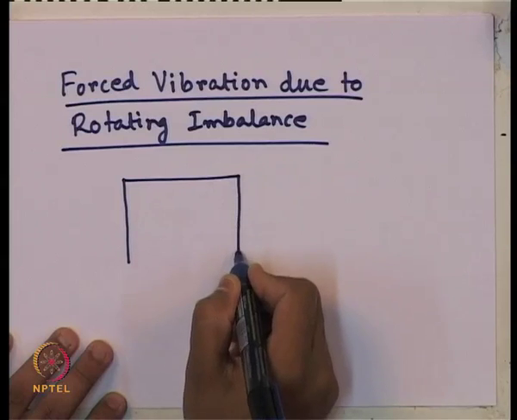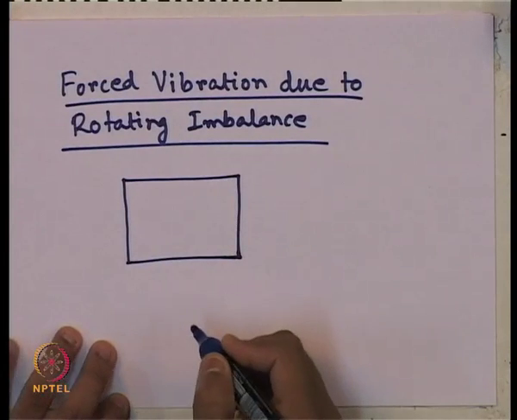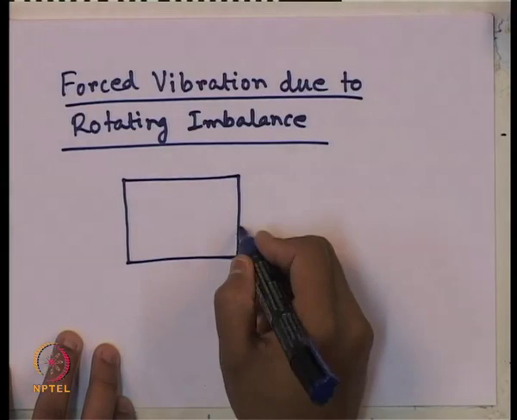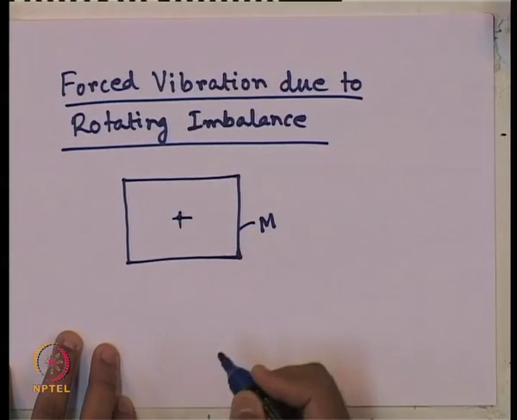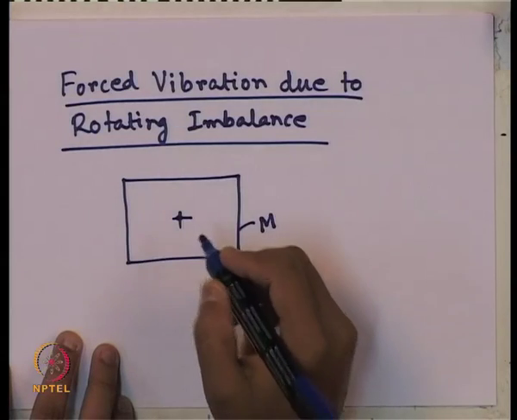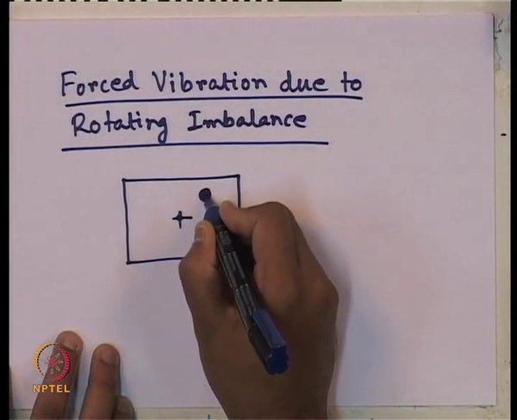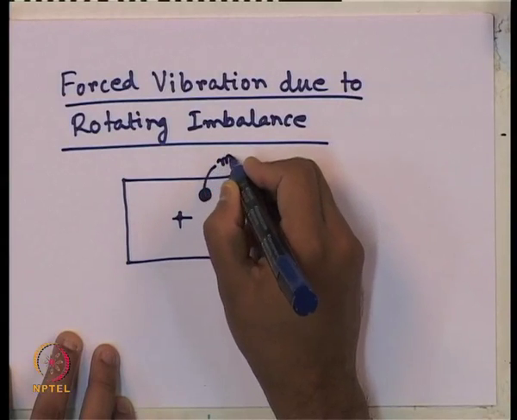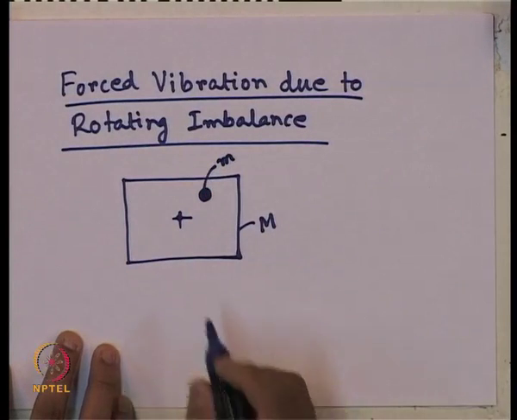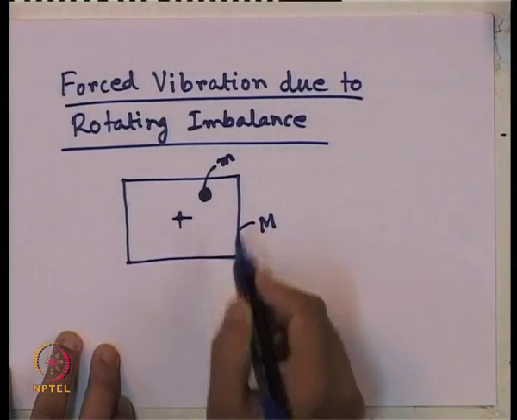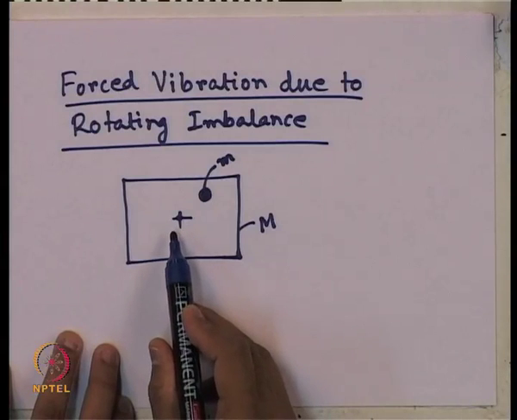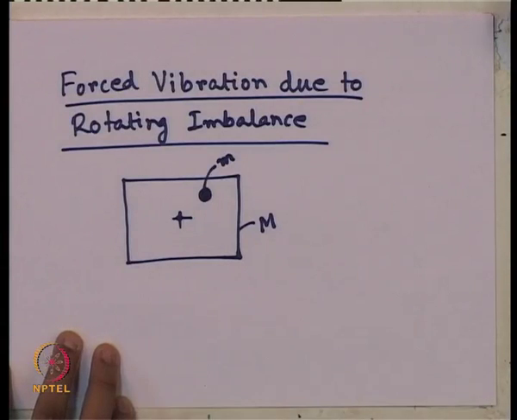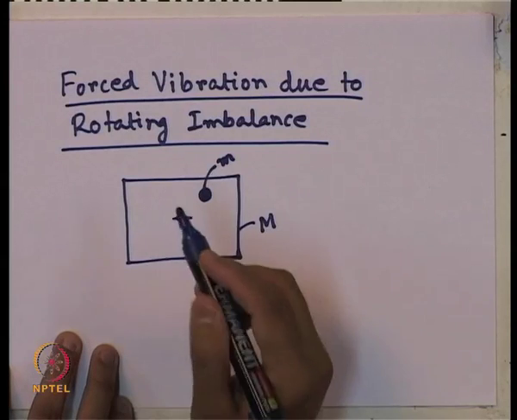suppose we have a big machine with a mass, say capital M, and this is the CG of the machine, big machine, and there is a rotating component of a small mass m, rotating continuously within that machine. So, it is having some eccentric mass with respect to its own CG, which keeps on rotating, fine.